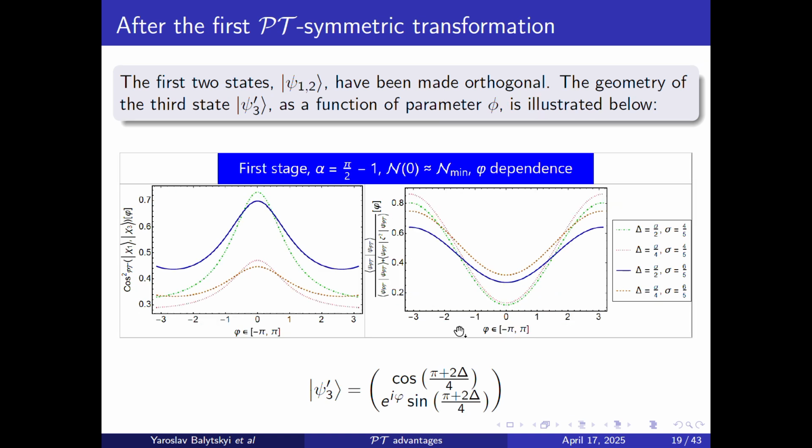And similarly, you can see here that if you have two states, if you make them orthogonal, and the third state is somewhere, like a phase, then for smaller sigma you can see sharper graphs because essentially you're stretching the Bloch sphere more strongly, and as a result you can see more distorted geometry like this.